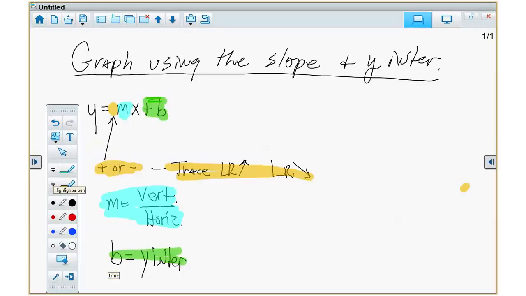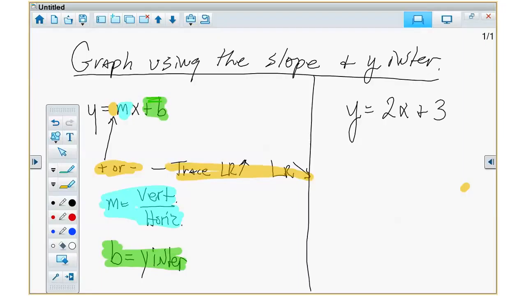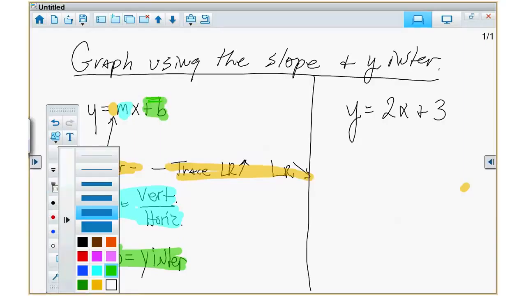So what you do is you're given a problem, y is equal to 2x plus 3. This is the example. It may be the same as the one on your sheet, I don't know. I take my highlighters, and I'm going to take my highlighter number 1, which is yellow.